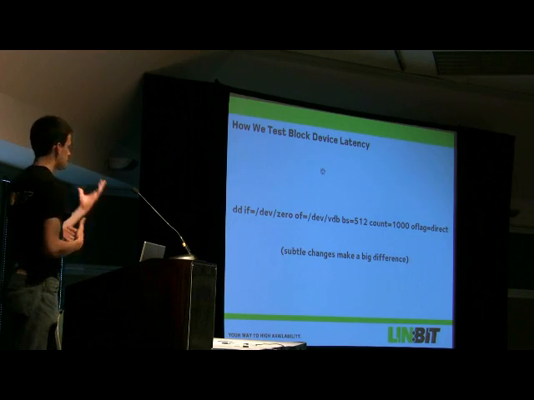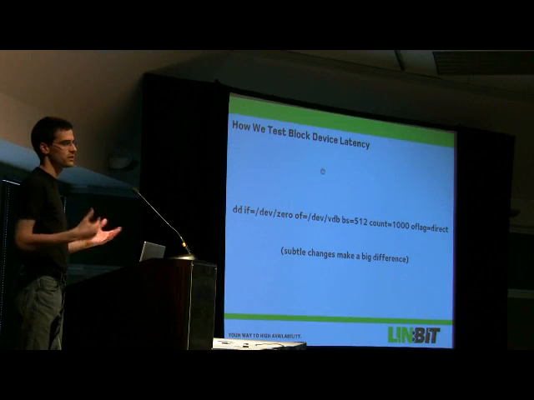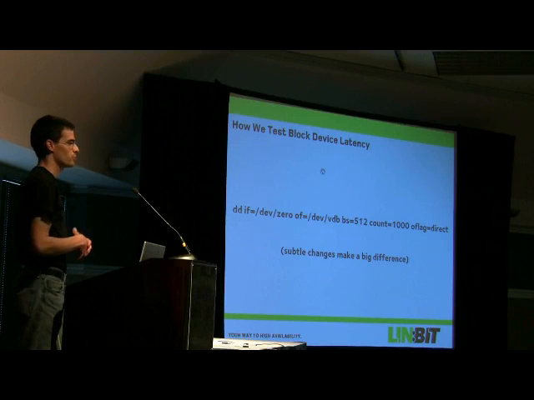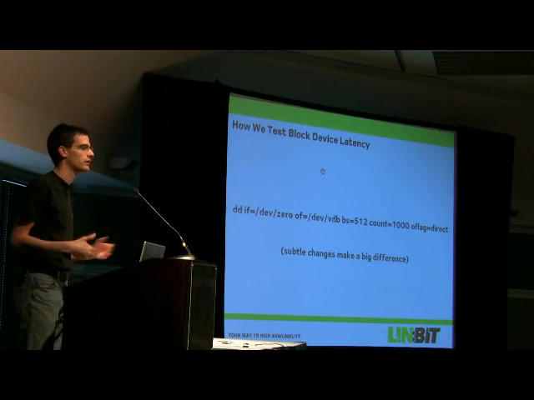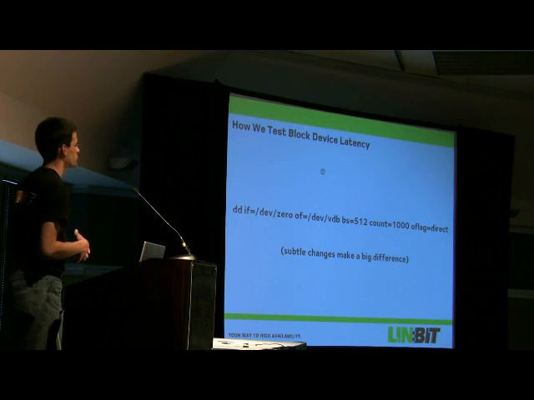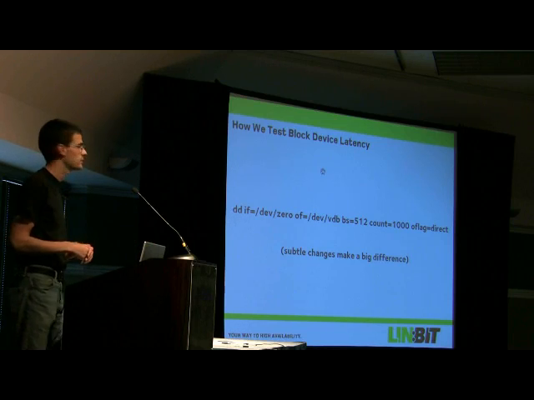And dd has this nice feature where it outputs the total time elapsed that it took for these 1,000 writes, which we just did for statistical averaging. Theoretically, we could just do 1, but it's likely we're not getting a really reliable result there. So I'm just doing 1,000 and then dividing that by 1,000.